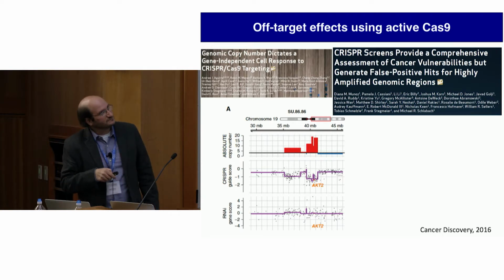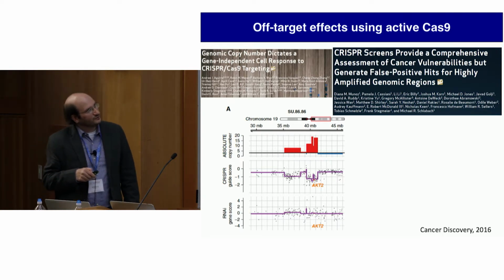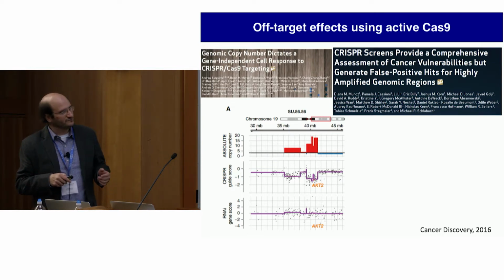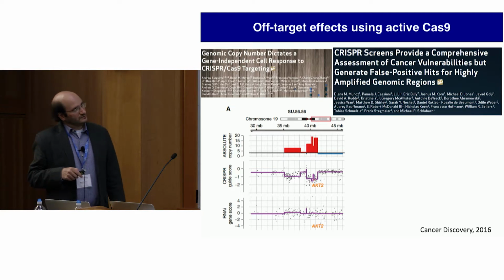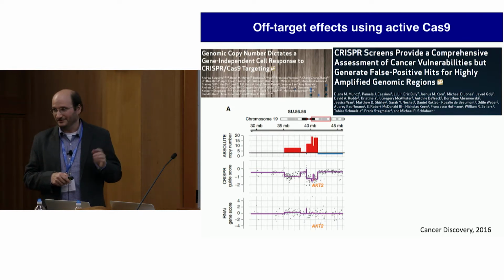But actually, in this case, what a number of groups have found, this is work from Bill Hahn or a group at Novartis. We've actually found quite similar things in our own data, and a number of groups have found this, including Sabatini early on. What they showed was if you look at the behavior of guide RNAs across a chromosome in a cancer cell line where you have clearly amplified regions, guide RNAs that target these amplified regions are extremely toxic, whether or not there's a gene there.